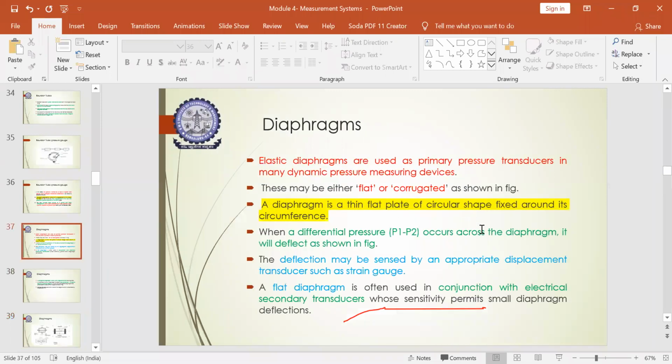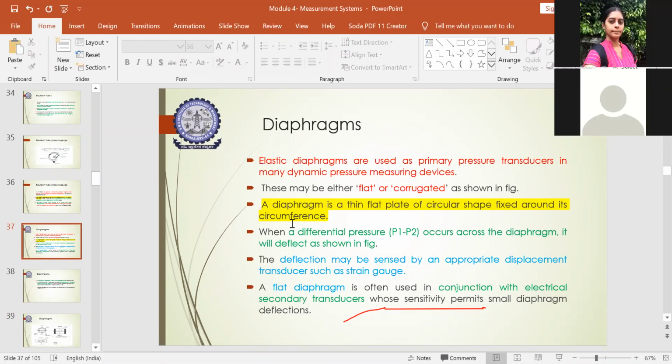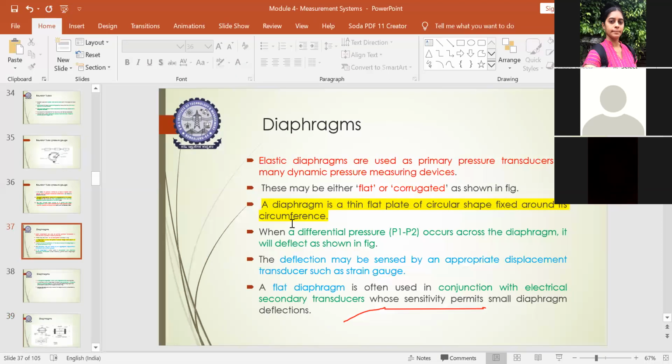So what do you mean by a diaphragm? It is a thin flat plate of a circular shape fixed around its circumference. Every human body has a diaphragm, in between, below your digestive system. Even during inhaling and exhaling the air, the diaphragm can move in and out, which is associated with the stomach part of the human body.